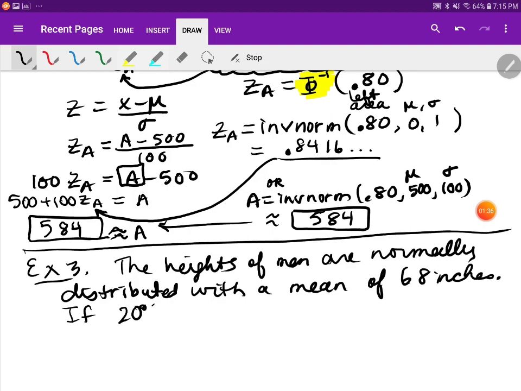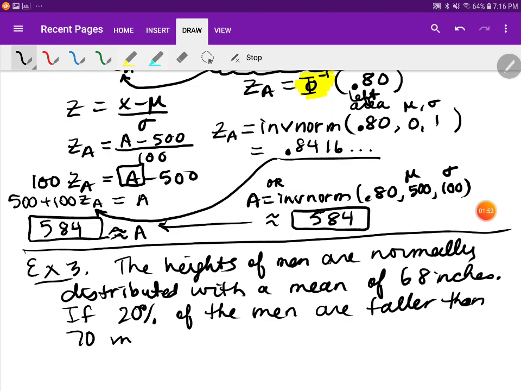If 20% of the men are taller than 70 inches, then what is the standard deviation?